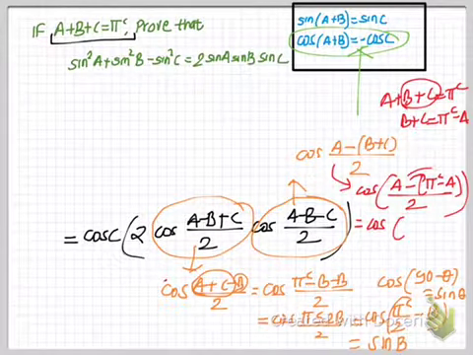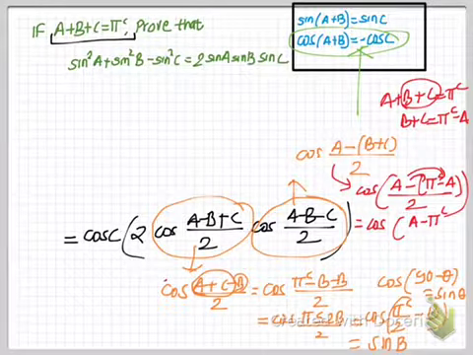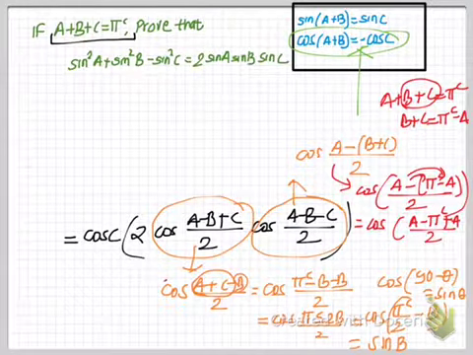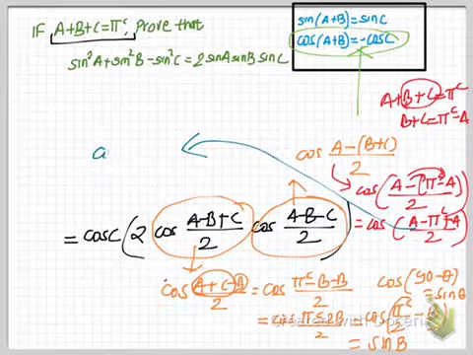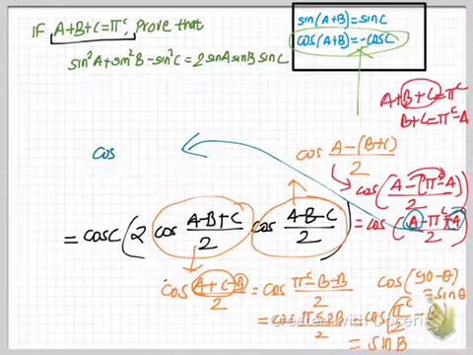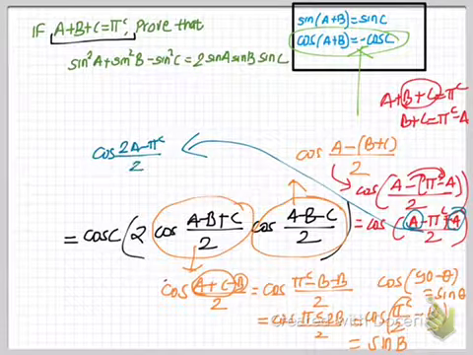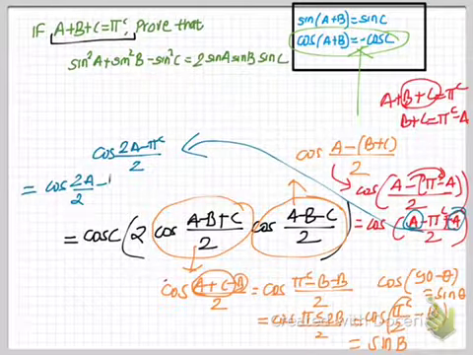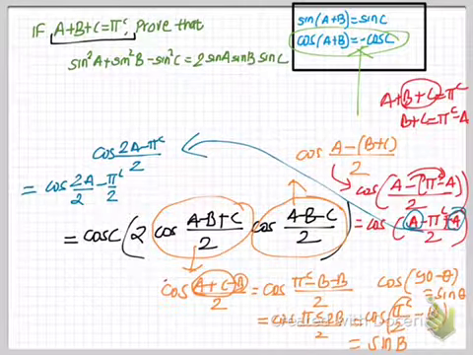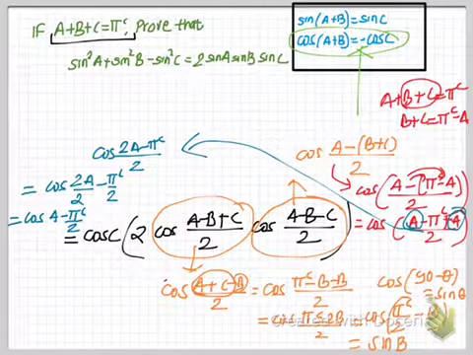Let me distribute this negative sign, then I have cos a minus pi radian plus a divided by 2. Let me write it over here. I have cos a plus a is simply 2a, and then I have minus pi radian, and then divided by 2. So I have 2a divided by 2 minus pi radian divided by 2. So this gives cos a minus pi radian divided by 2.